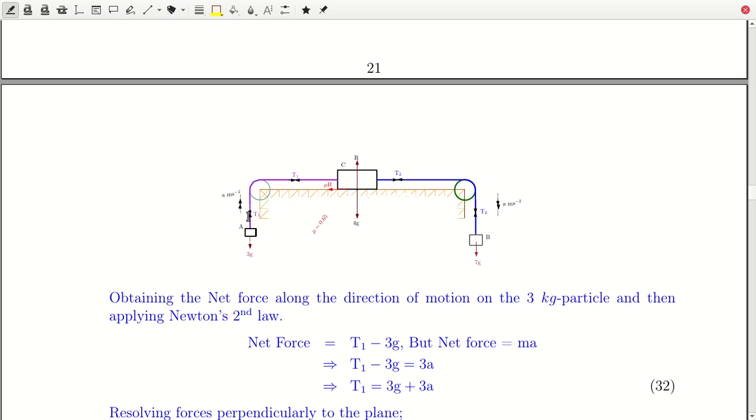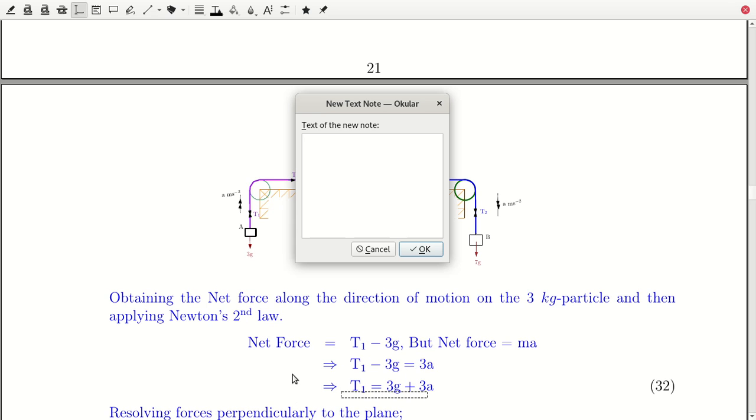If I begin with the 3 kilogram mass, our net force will be given by T1 minus 3g. That's the net force. When we use Newton's second law of motion, it will be T1 minus 3g equals 3a. When you simplify, you get this expression.